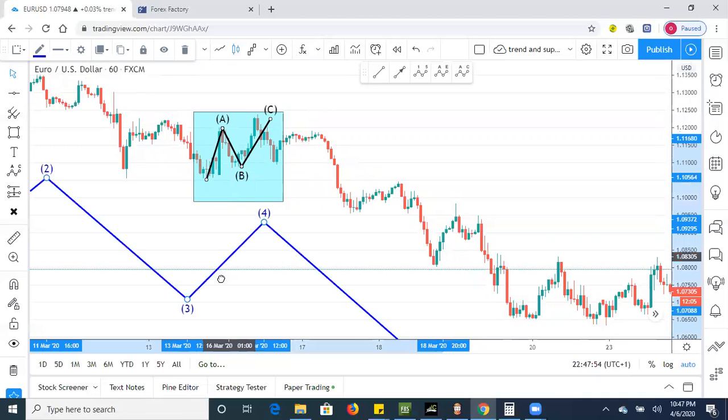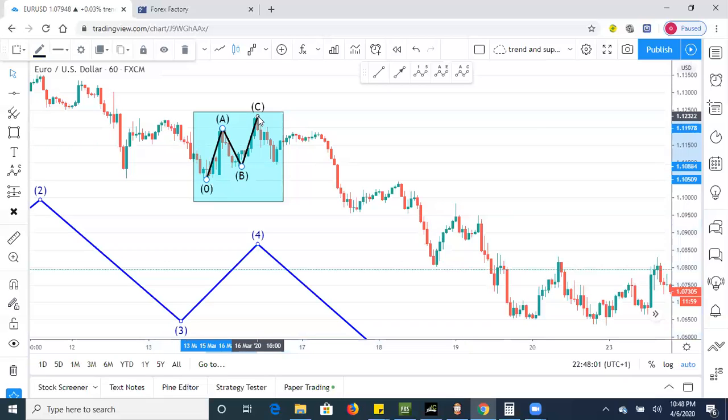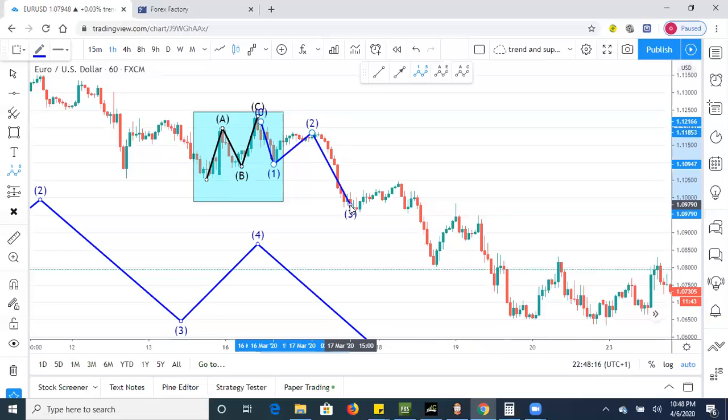Let's analyze this even further. So it was making something that looks like a push up, right? But notice at this point, this high here failed to take out this, and it rolled down, right?